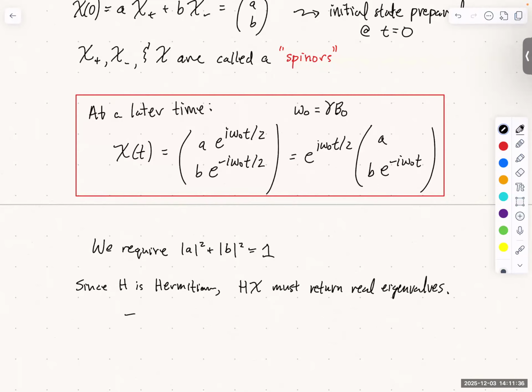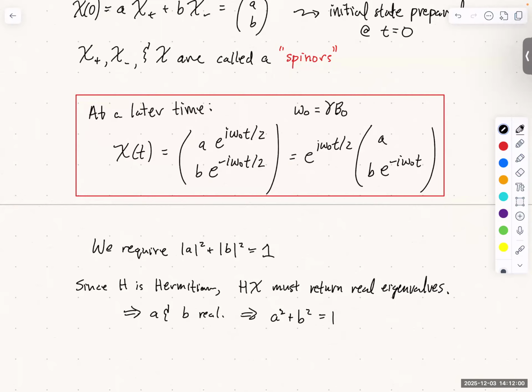And so that implies that A and B are going to be real. And so the condition for normalization becomes a little simpler. We just take the regular square of A and B and add them up, we have to get 1.